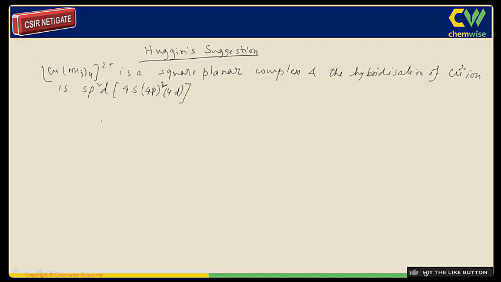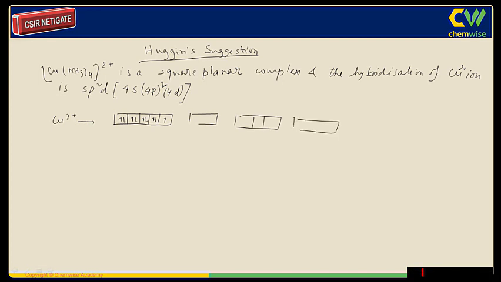Now Huggins suggested that the copper 2+ ion is d9. So if it is d9, then we can say 1 2 3 4. So this is a d9 system, 4s, 4p and 4p. Now when copper goes for the formation of the complex via sp2d hybridization, what actually happens in [Cu(NH3)4]2+?